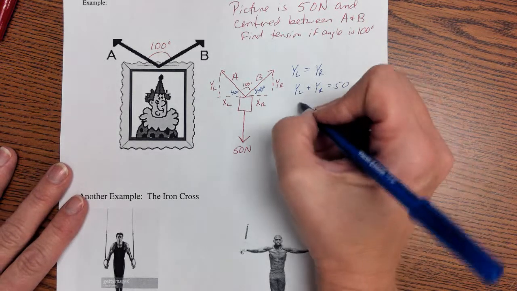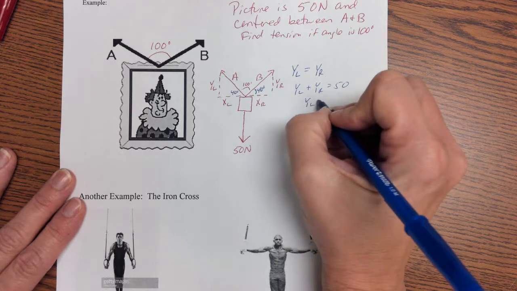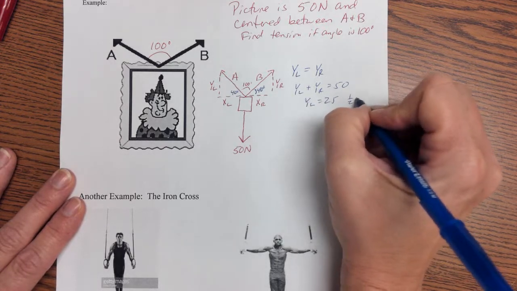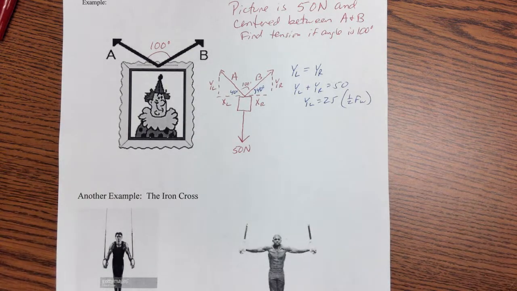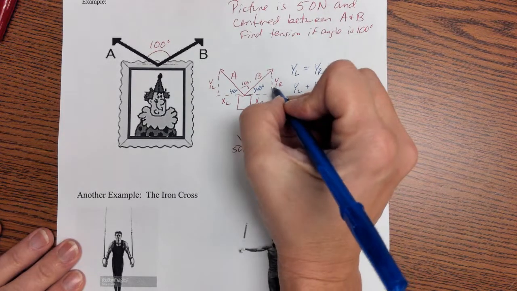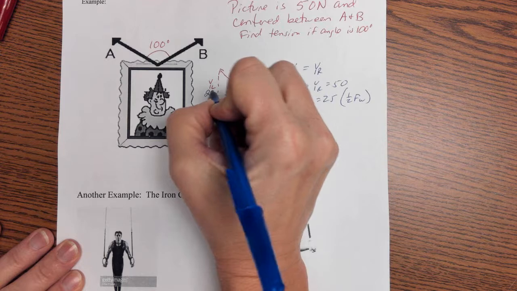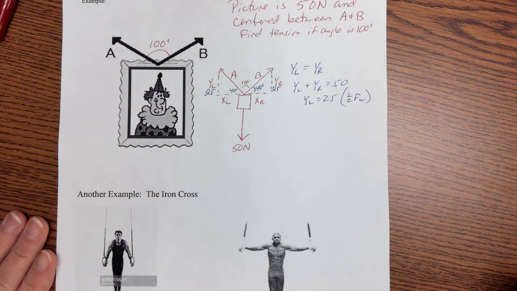So each side holds up half of the weight. All right? When the object is in the center, the vertical supporting amount is half of the weight. So this side is 25 and this side is 25.